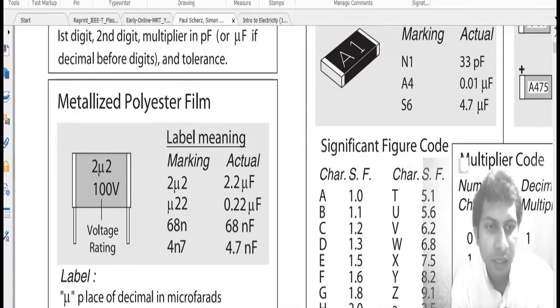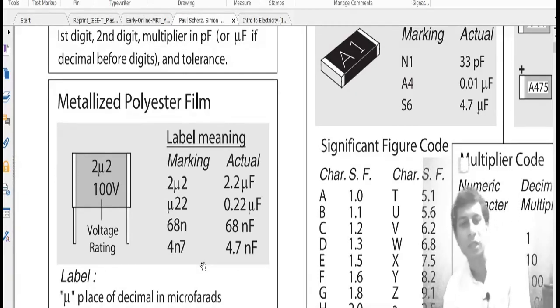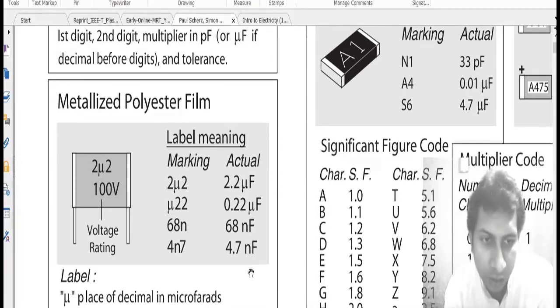If it is written as 2N2, then we will treat it as nanofarad. 2.2 nanofarad or 2.2 microfarad, as you can see on the screen. 2 mu 2 is 2.2 microfarad in actuals, and mu 2 is 0.22 microfarad. 6.8N is 6.8 nanofarad. 4N7 is 4.7, N means nanofarad, right?